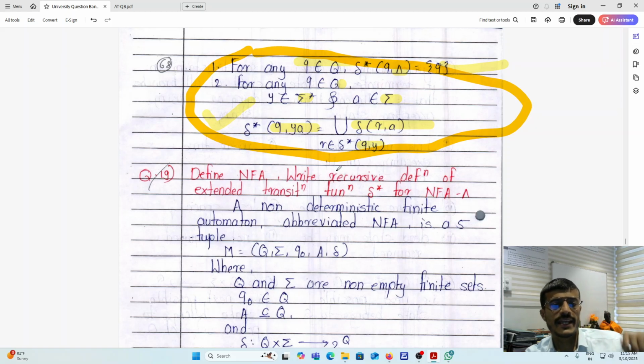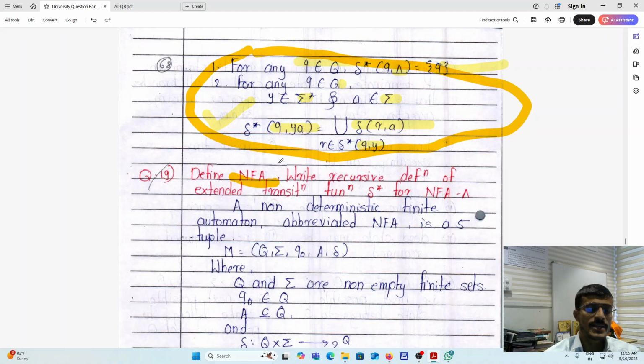The next one: define NFA and write the recursive definition of the extended transition function delta star for NFA with null. Basically, you know that NFA is a non-deterministic finite state automata. Again, it is a 5-tuple (Q, sigma, q0, A, delta), but in the case of the transition function, it is represented as Q times sigma goes to 2 raised to Q, which is for NFA, the non-deterministic finite state automata.